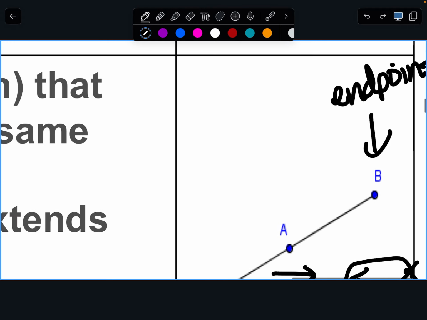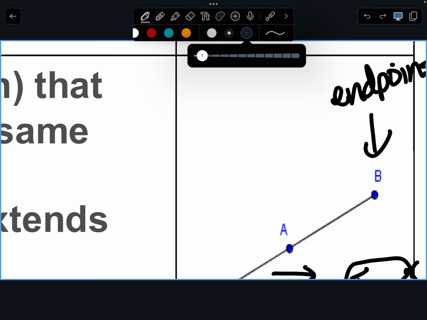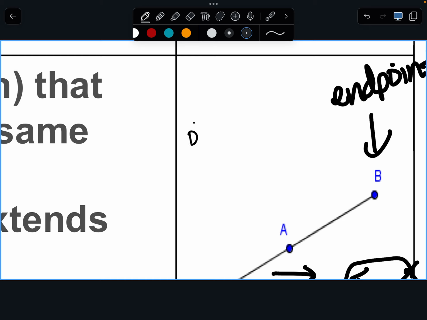If we have, say, point D right here, and it's going up through point F up here, and then point D also goes through point E right here, you have 2 rays here.